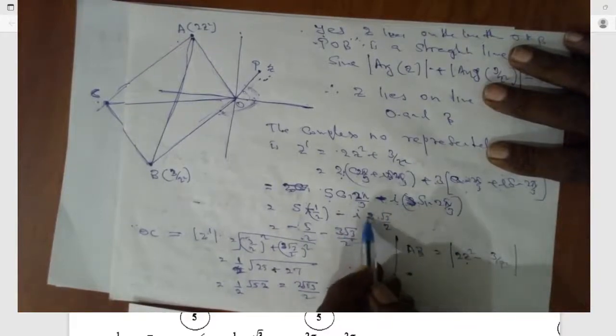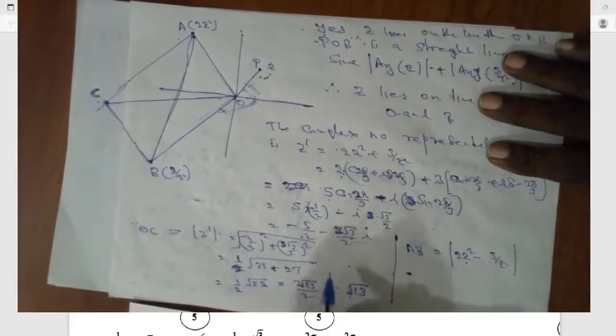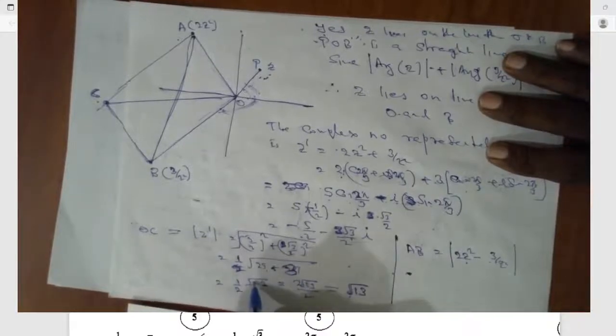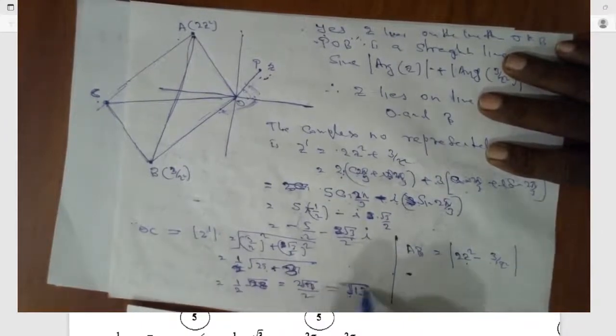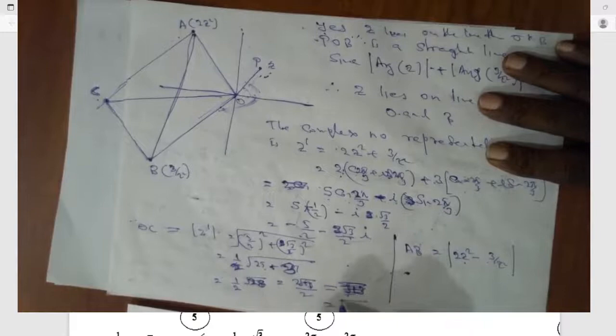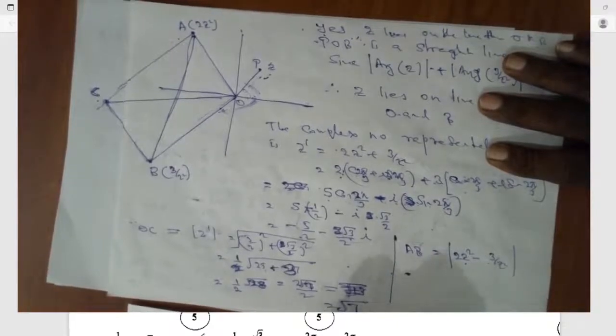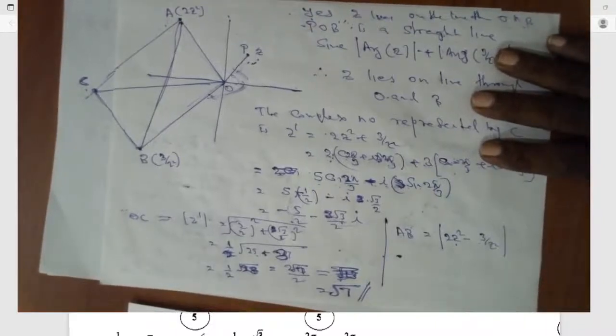No 3 here. Then root 3 by 2 squared: 25 plus 3, that is square root 28. That is 2 root 7, so this equals root 7. Root 7. The other one is correct. Length of OC is square root 7.